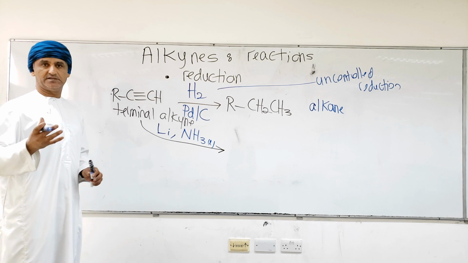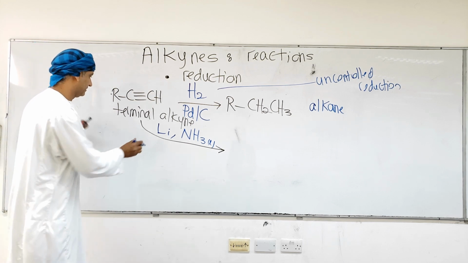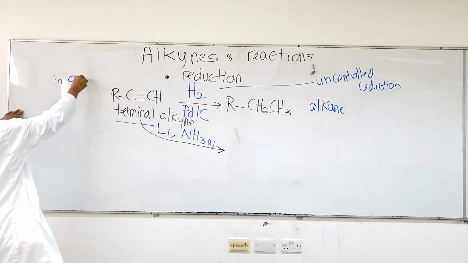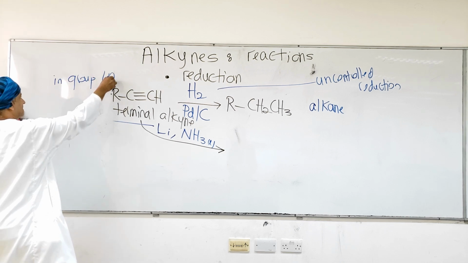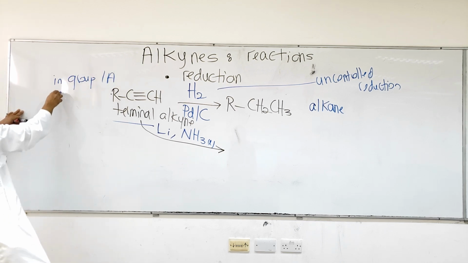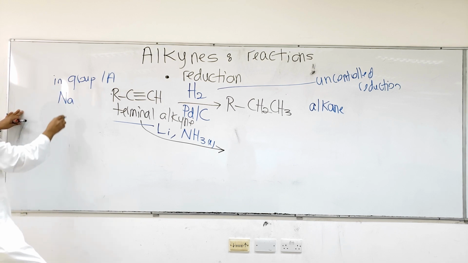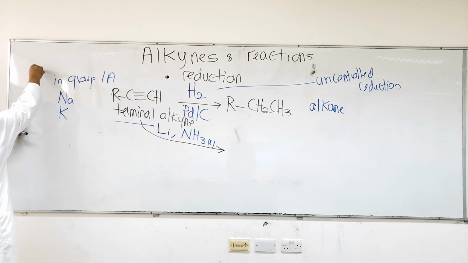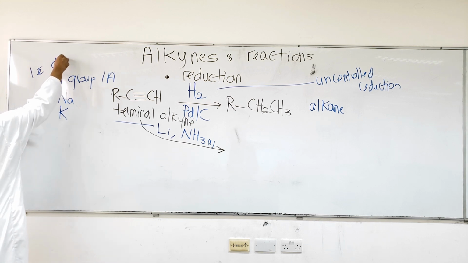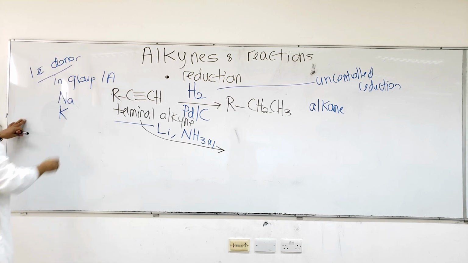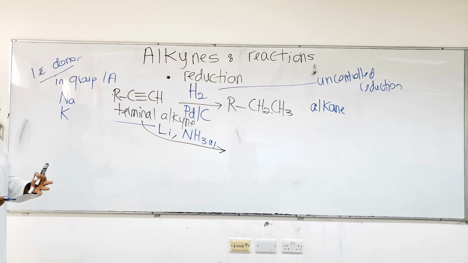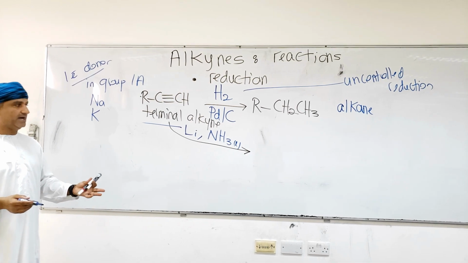Lithium is in group 1A, okay, and in group 1A there is also sodium and there is also potassium. These are one electron donors. So we need a one electron donor. It could be lithium, it could be potassium, it could be sodium in liquid ammonia.